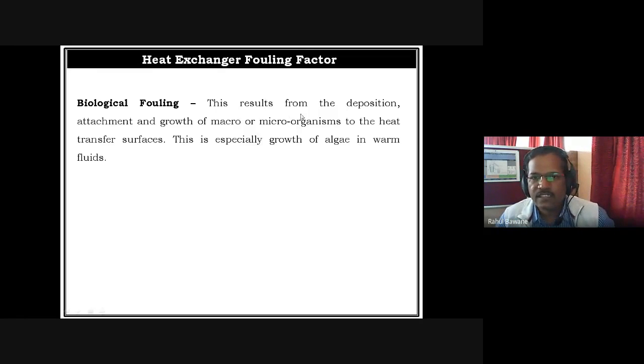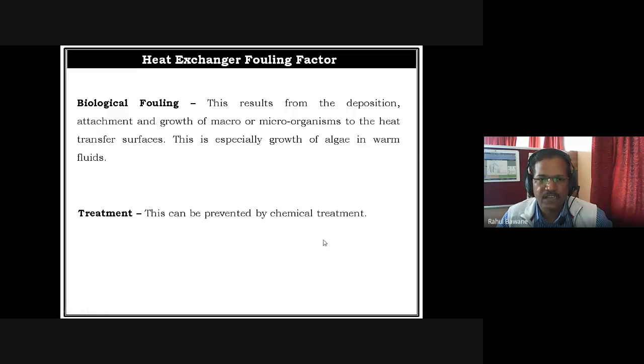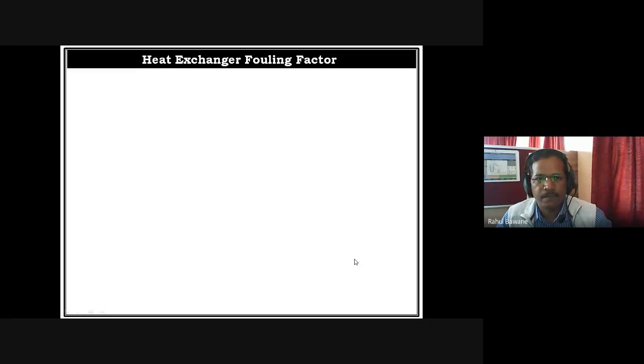This results from the deposition, attachment, and growth of macro or microorganisms on the heat transfer surface, especially growth of algae in warm fluids. How to treat? This can be prevented by chemical treatment. Put such chemicals which stop the growth or formation of algae.